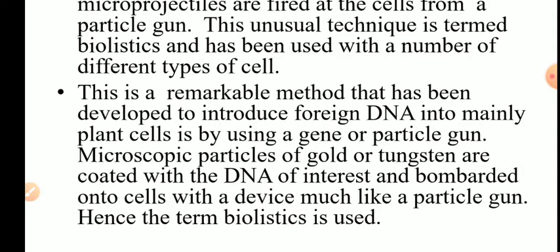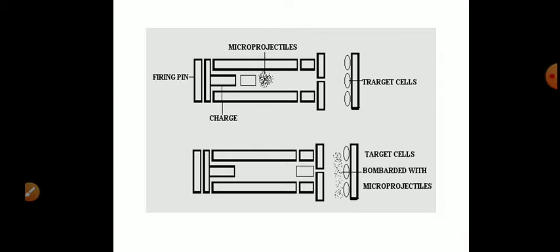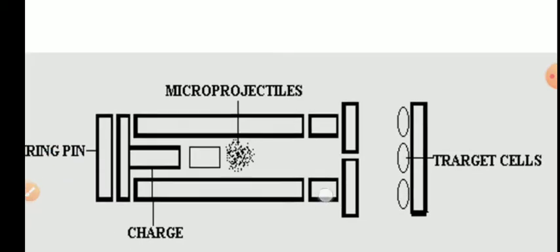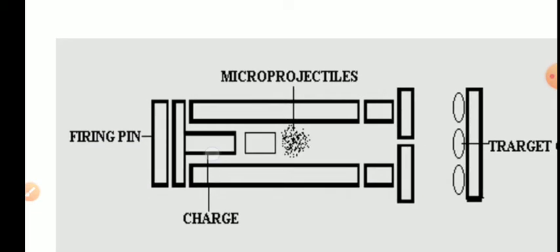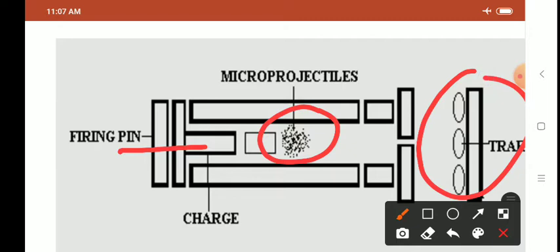Microscopic particles of gold or tungsten are coated with the DNA of interest and bombarded onto the cells with a device like a particle gun, and hence we use the term ballistics. You can see a diagram here. There is a firing pin here. These are the microprojectiles, that means gold or tungsten particles coated with the DNA, filled into the gene gun, and these are the target cells.